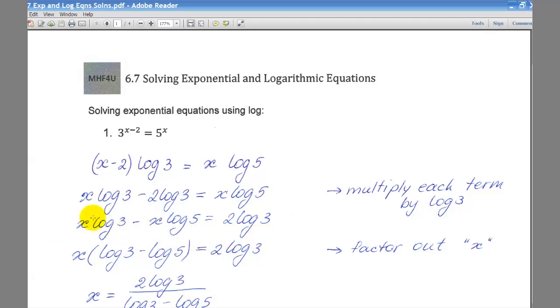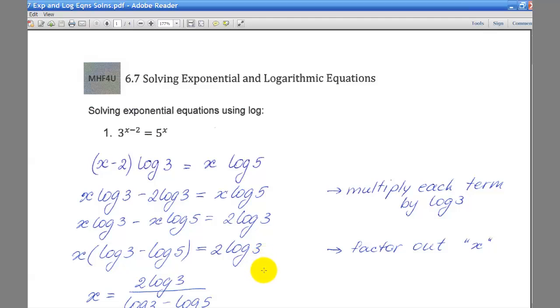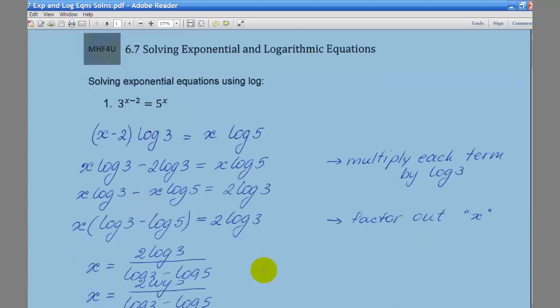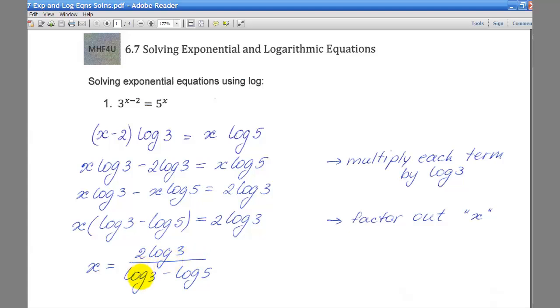Why were we doing this? Because we can now factor out the x and solve for it. So from here we have x, and here we have x as well. Factor it out, and you're going to be left with x times (log 3 minus log 5) equals 2 log 3. And after you've done that, you can simply isolate for x and have 2 log 3 over log 3 minus log 5.